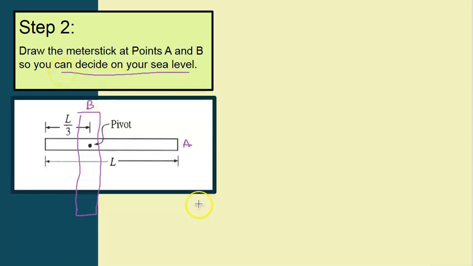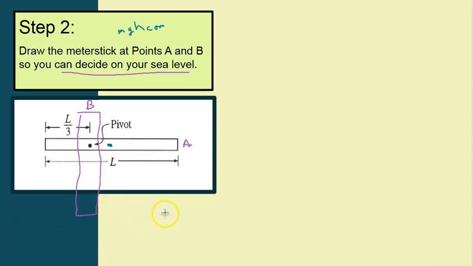You have to decide on your sea level. And remember what's important for calculating MGH, because mass is changing height, is the height of the center of mass, which is at L over 2. I think there's two options. I don't know that one's better than the other.